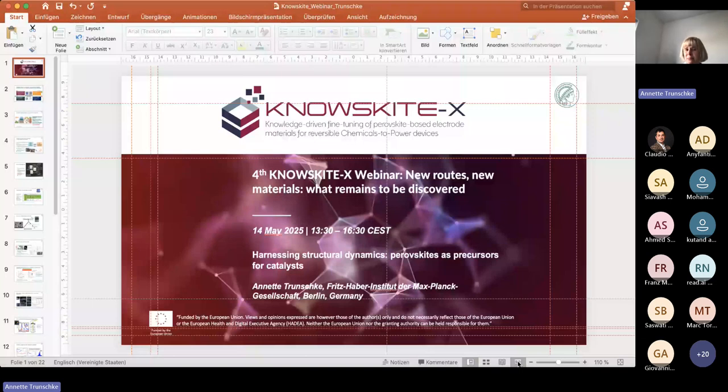This manganese plays an important role, but we found also that the A atom plays an important role, and that, for example, in this comparison here, we have only compared manganese containing perovskites. The samarium is much more active than the lanthanum.